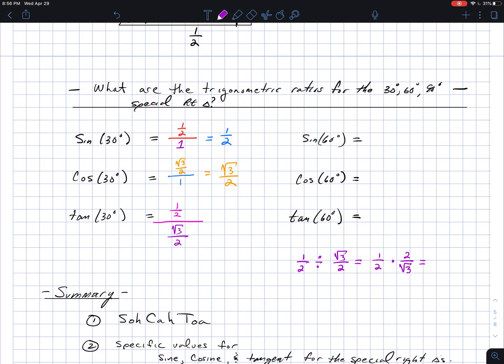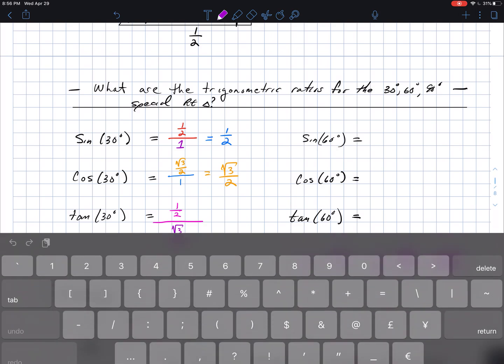Notice that we're multiplying and dividing by 2. Those will cancel, so it's 1 over root 3. But then we have to rationalize, so we're going to multiply by root 3. So what does all of this come down to?